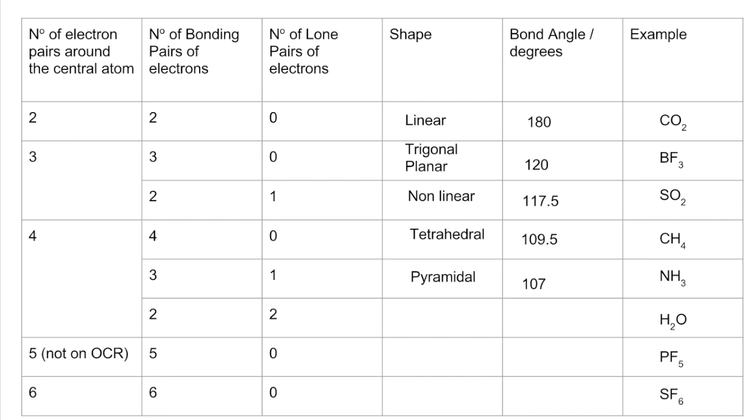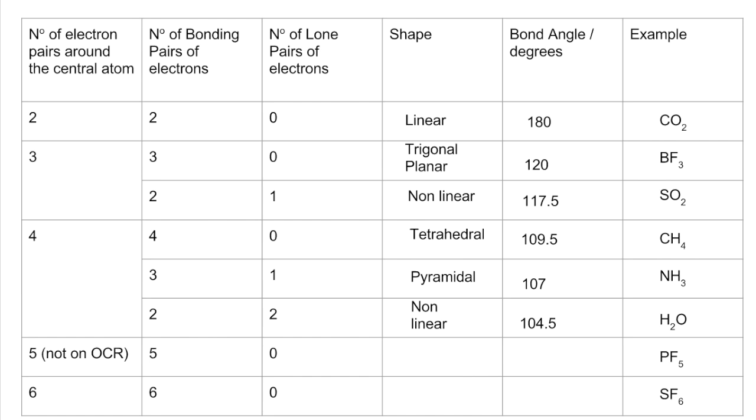Example of that could be ammonia. 2 and 2, so it's non-linear. Starting angle would be 109.5, but it comes down by 5 degrees from the 2 lone pairs, the extra repulsion, to a 104.5 degree angle. Example water.